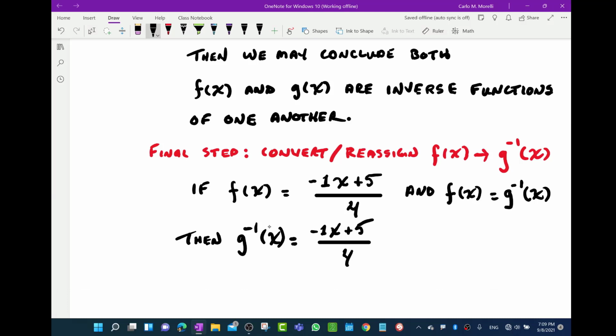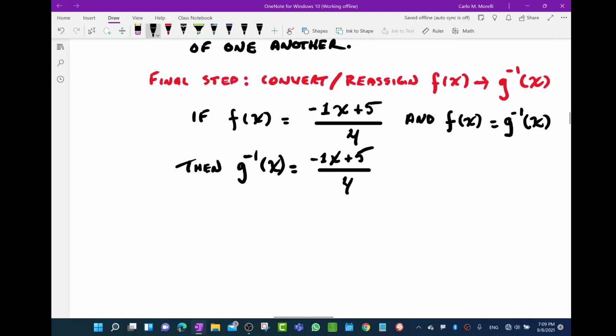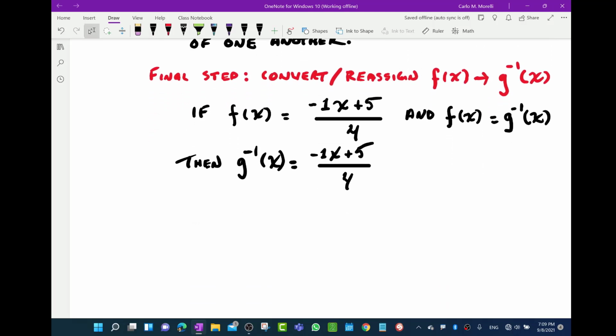Okay, now for the purposes of writing it down as an answer, I would recommend writing this in slope-intercept form, where you put the 4 underneath each term of the numerator. Okay, like this. Thus, g inverse x equals negative 1 over 4x plus 5 over 4.